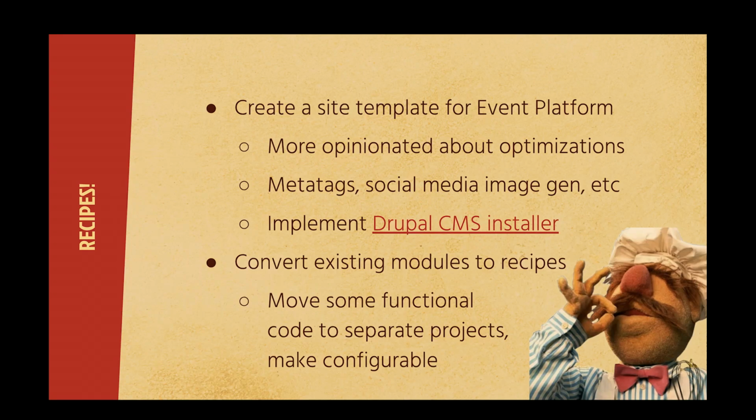More likely, depending on how soon we get some of the technical details about what will constitute a site template, potentially, event platform could be a site template. But by having at a minimum a site recipe, we can be a lot more opinionated about a lot of the minute details that are really outside the current scope of the event platform.